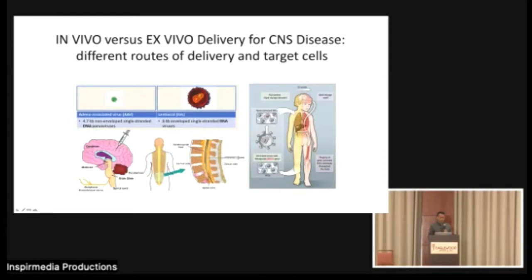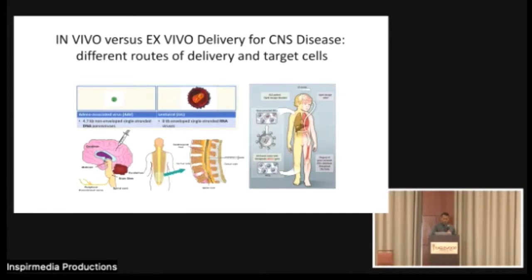And Eileen Sawyer will talk more about this. On the other hand, the ex vivo gene therapy approach is something where you are usually taking the cells from the bone marrow, transfecting them in a dish, and then delivering them back.